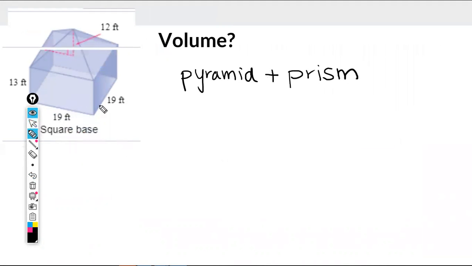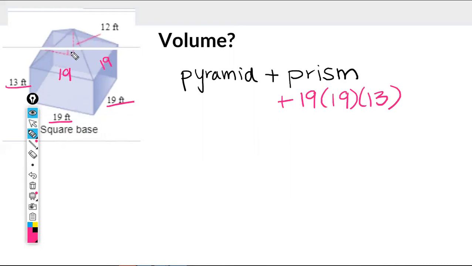So for the prism on the bottom, I'm just going to go length times width times height. That's it. And then for the pyramid, I have to go length times my width times the height of the pyramid and then divide by 3.